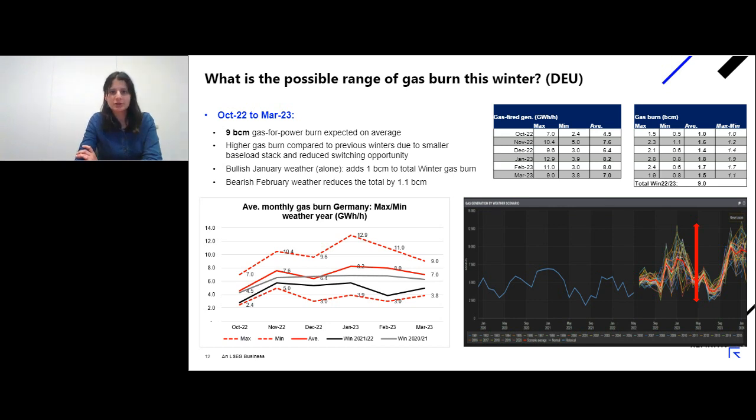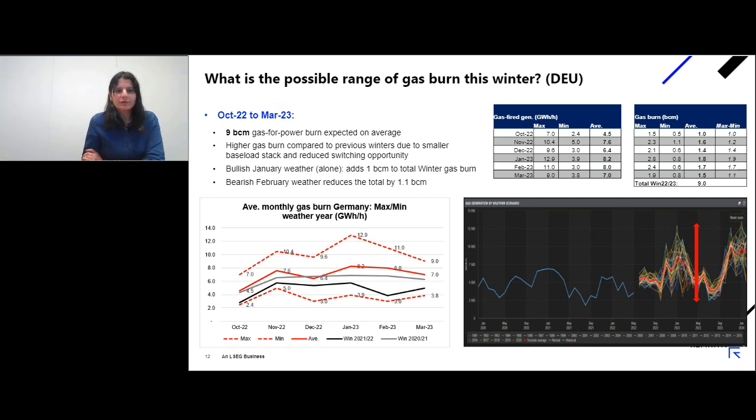The range just for the January gas burn: if in January we see a deviation up to very bullish weather, and bullish weather means low wind speeds or eventually cold weather, we see that a bullish January alone could increase the total gas burn by 1 BCM.